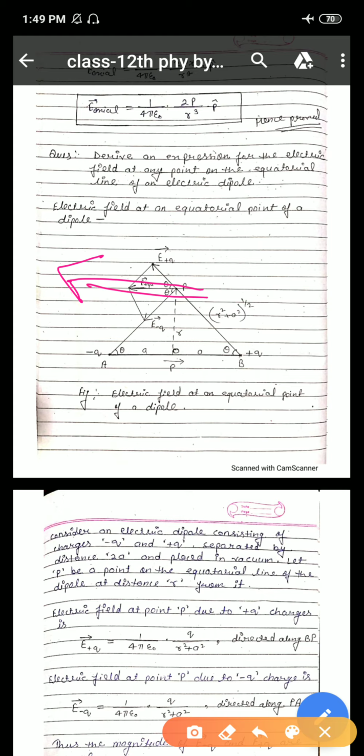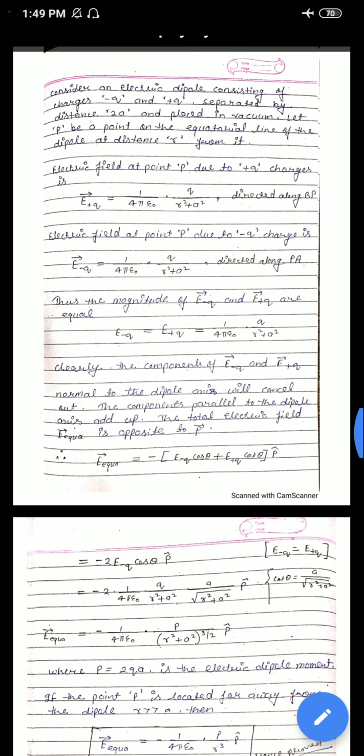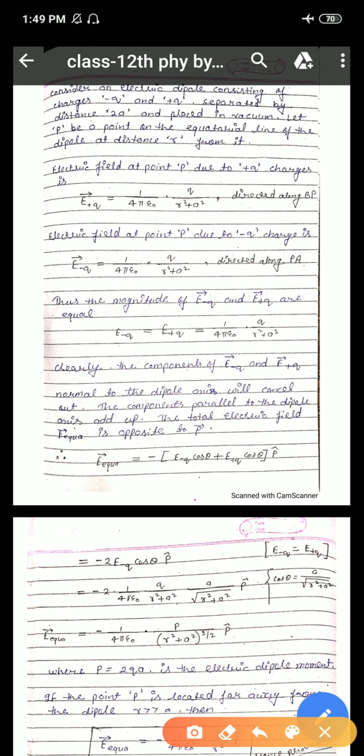So this one is the opposite direction, so we are taking a negative sign here. Is it clear? So we can write here E minus Q cos theta, E plus Q cos theta. Cos theta is the horizontal component.